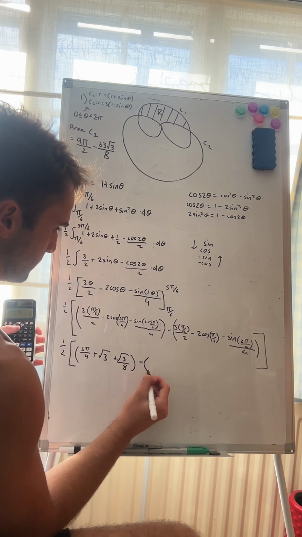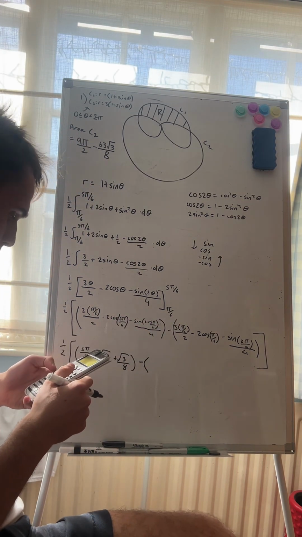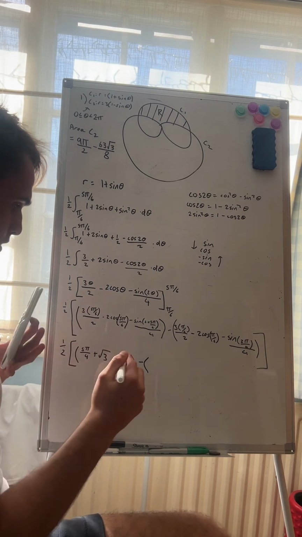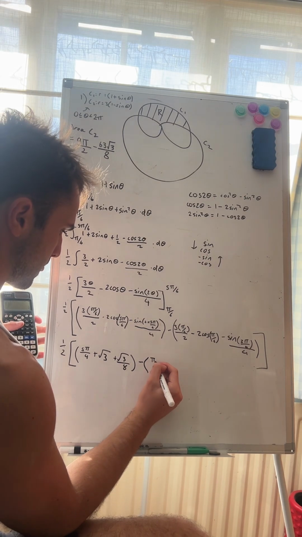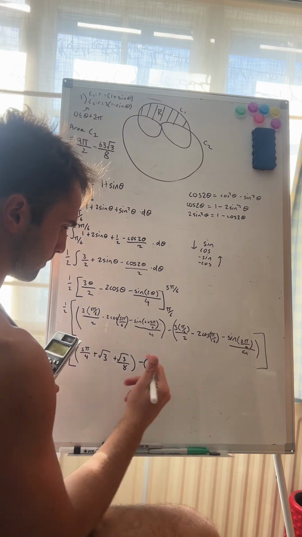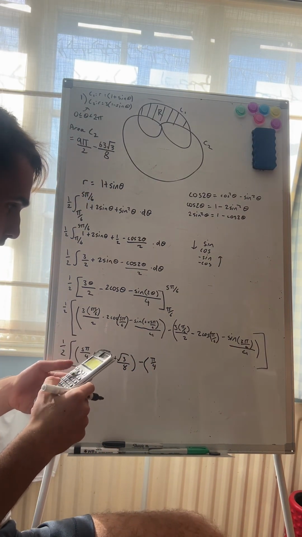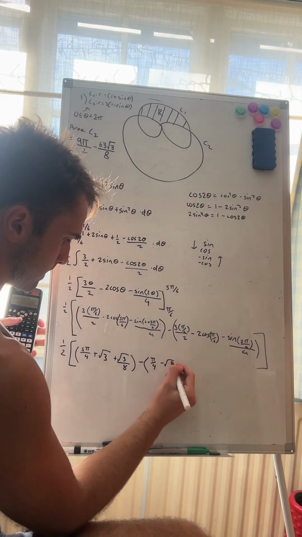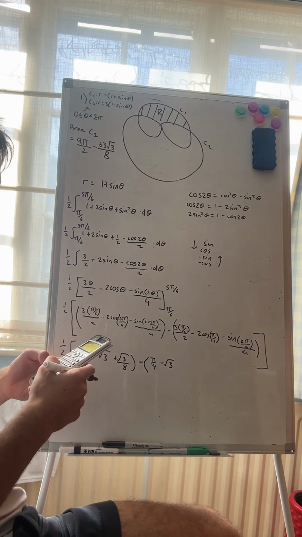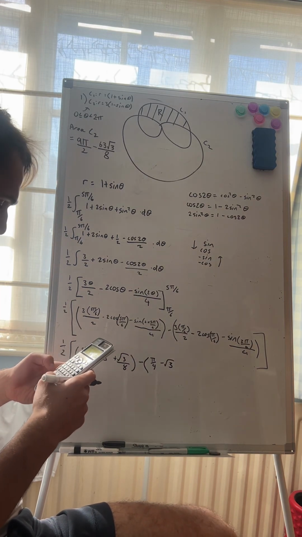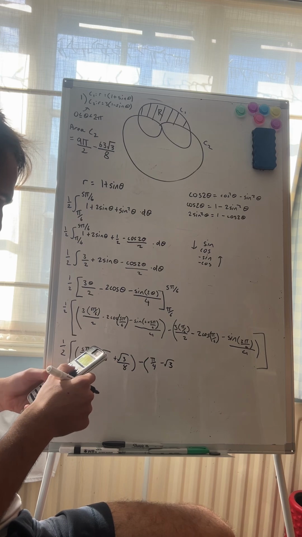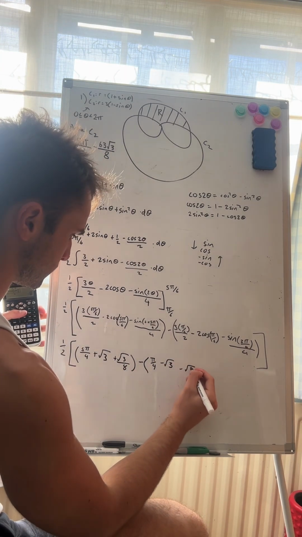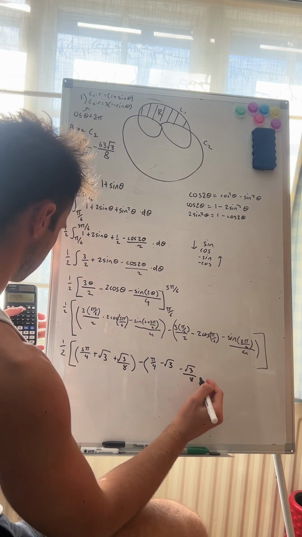And now I'm minusing 3 pi over 6 over 2, which is pi over 4, and then minus 2 cos pi over 6, minus root 3. Then we get in there minus sine 2 times pi over 6 over 4, minus root 3 over 8.